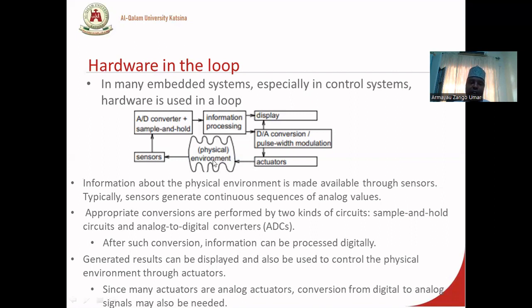Say, for example, an airbag needs to be inflated. The actuator that actuates the airbag will have to receive a signal in analog form, and that's why we have to have converters here. So this is a summary, but the detail is below this figure, so you go and read.